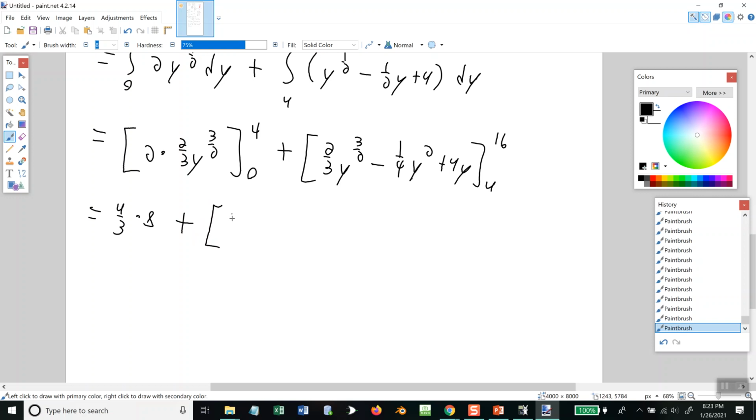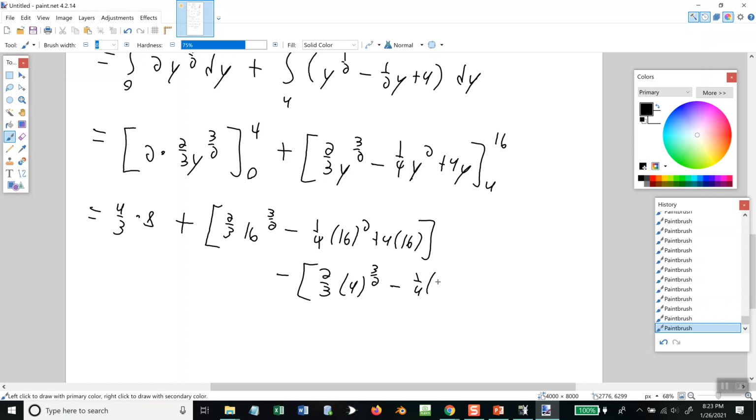If I plug in 16 here, so I got 2/3, 16 to the 3/2 minus 1/4, 16 squared plus 4 times 16 minus 2/3 times 4 to the 3/2 minus 1/4. This would be a miracle if I actually get this right. I'm not that good at numbers.